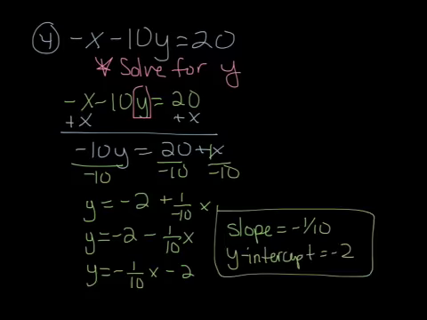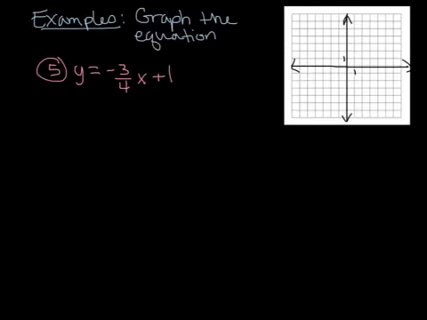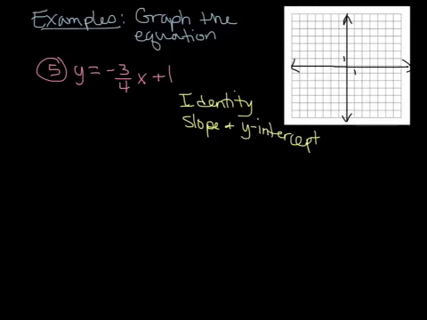So now let's go into a few graphs. On our first graph, we have the equation y equals negative 3x plus 1. So your first step is always going to be to identify the slope and the y-intercept. And you'll notice on these problems, I am not going to draw a table at all.